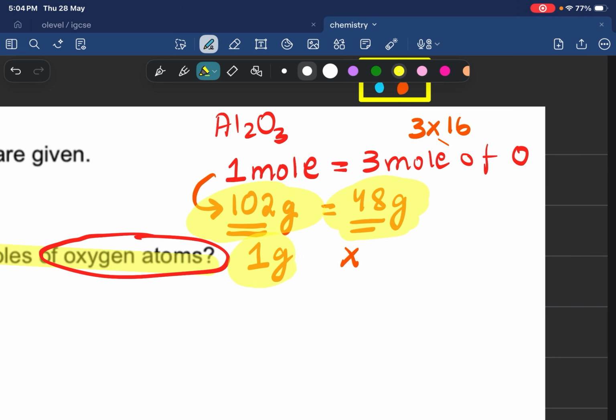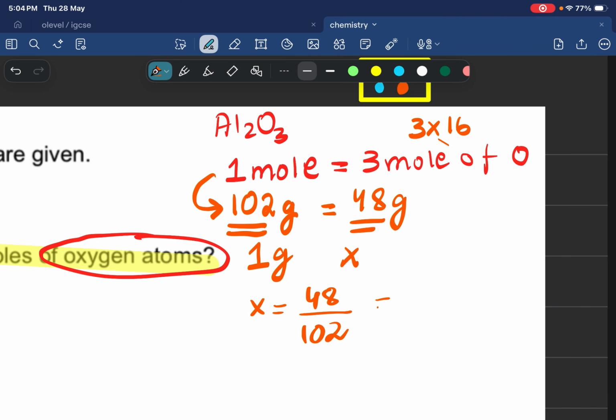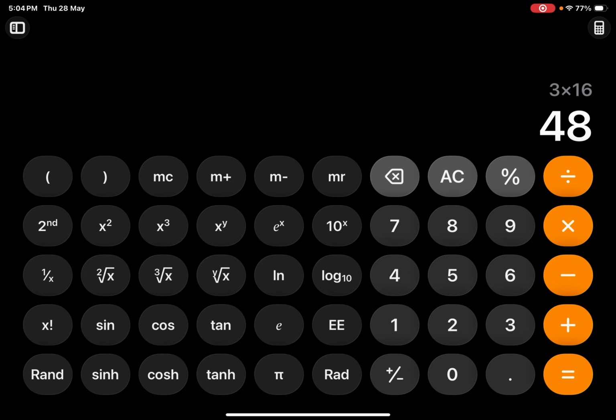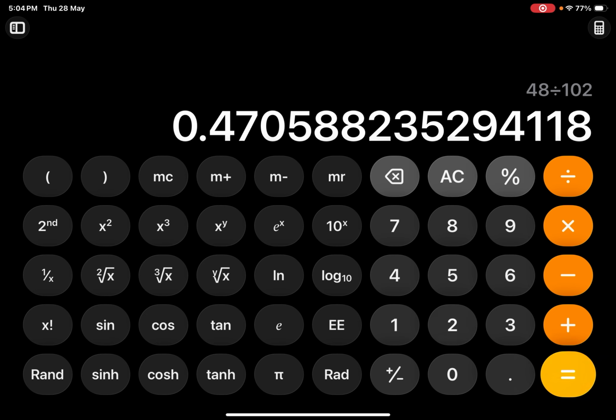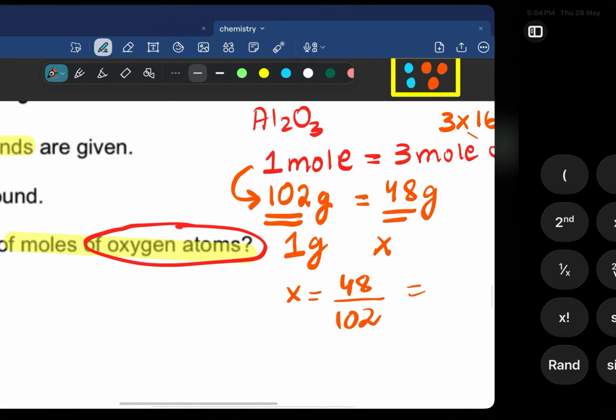So if I have 1 gram, I'm going to have this much oxygen. Got it? So now I simply find the value of X. X equals 48 divided by 102. That's 0.47 grams.